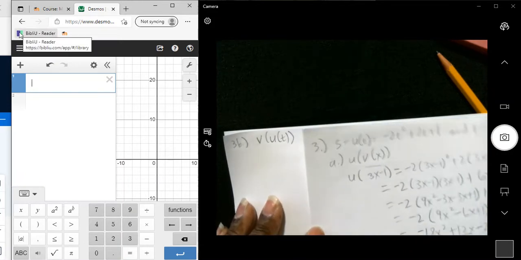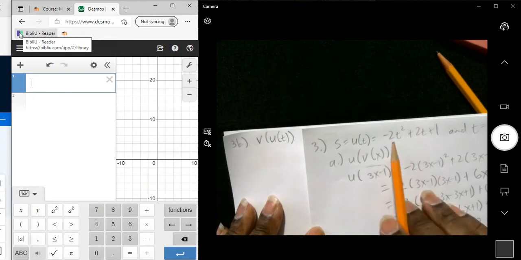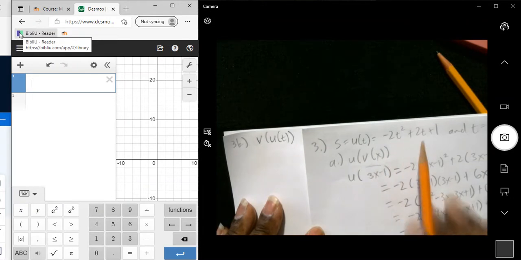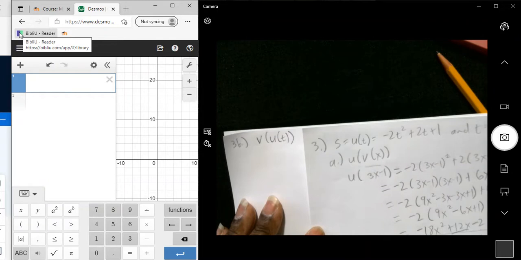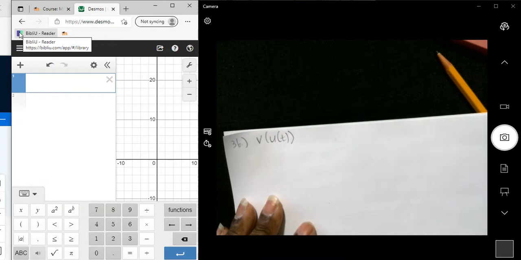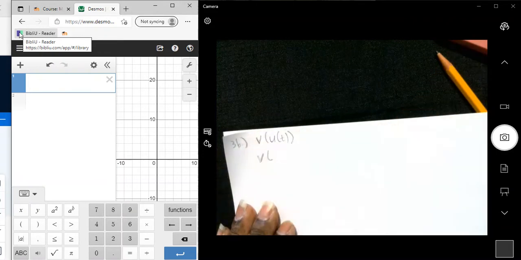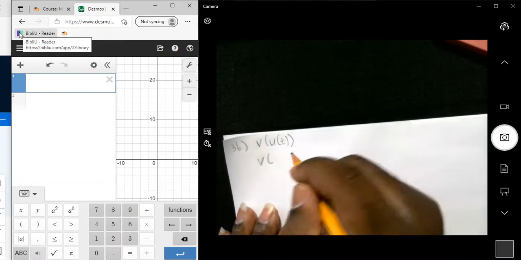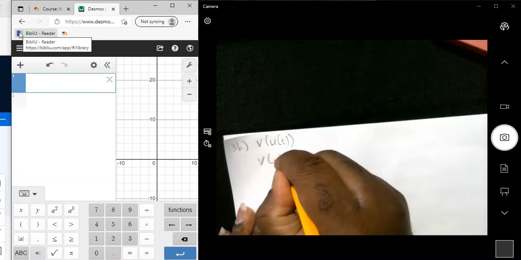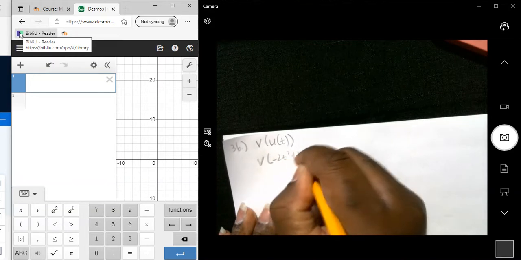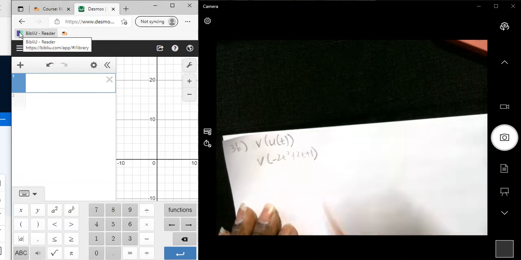Now we wrote that in the previous problem. u of t is equal to negative 2t squared plus 2t plus 1. So it'll be v of negative 2t squared plus 2t plus 1.